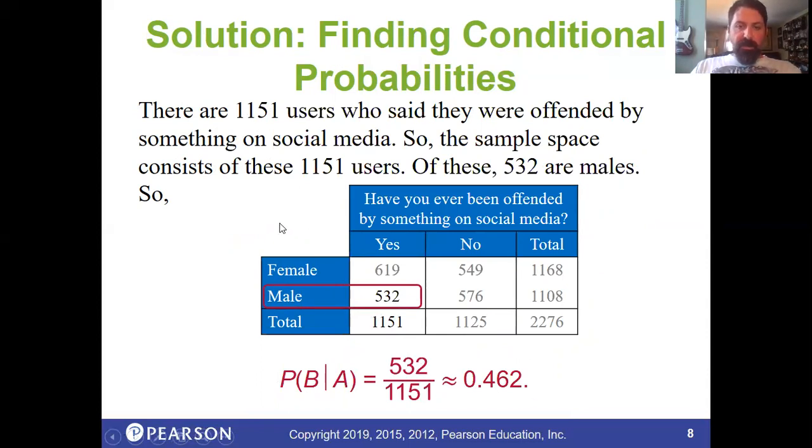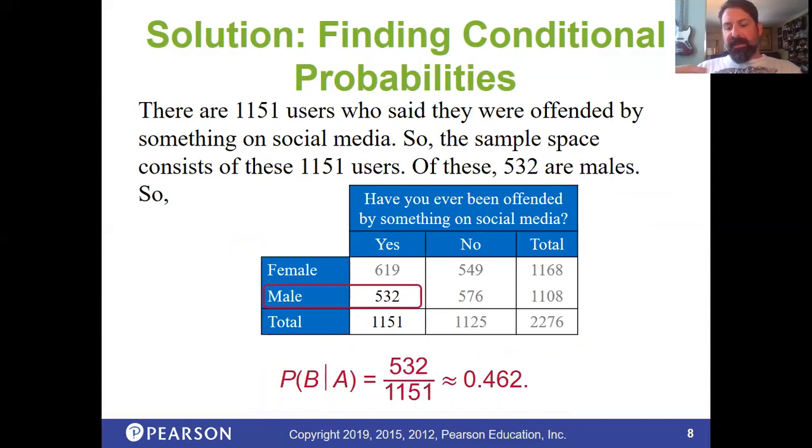So it's interesting, in a question like this we could start to ask a question: is being offended on social media dependent on if you are a male or if you are a female? You could rephrase that question by saying, is the percentage of males significantly different than the percentage of females who are offended?